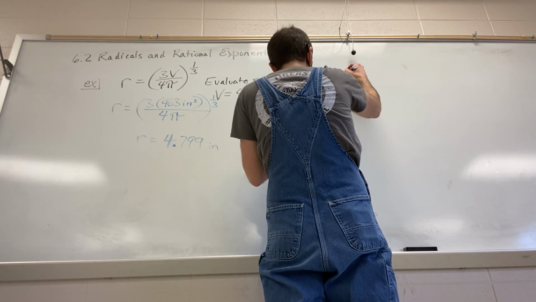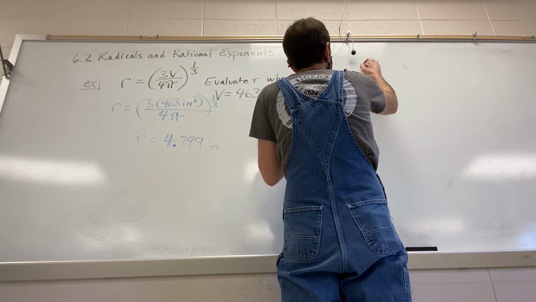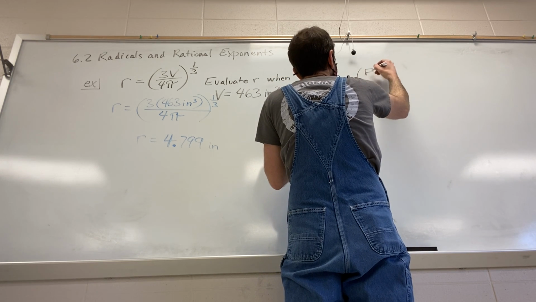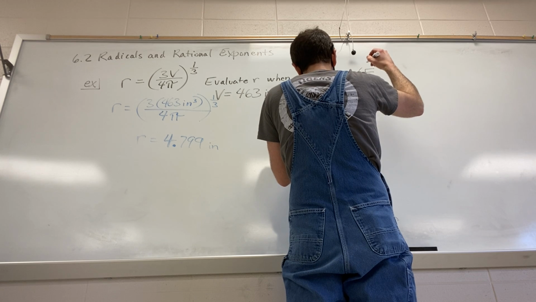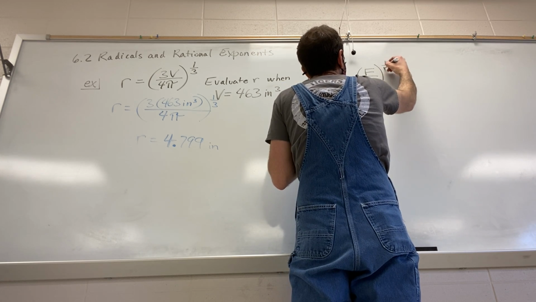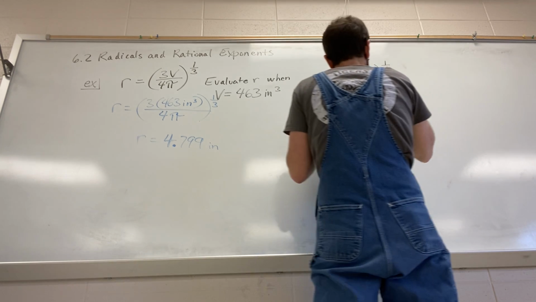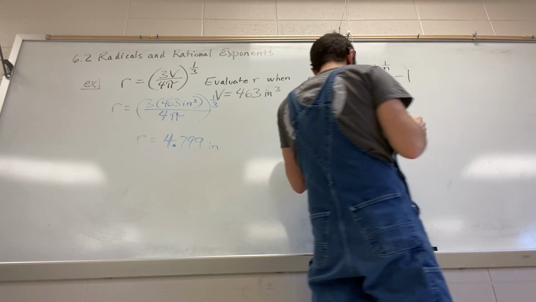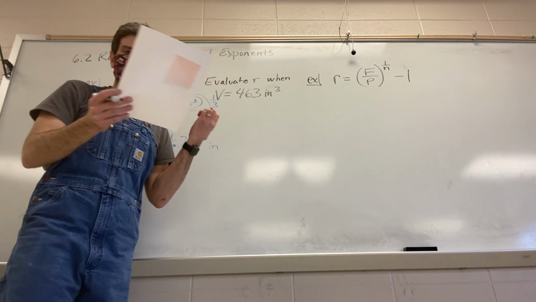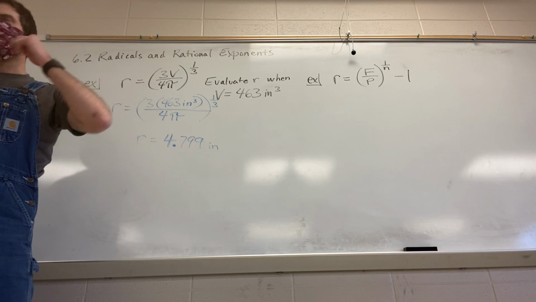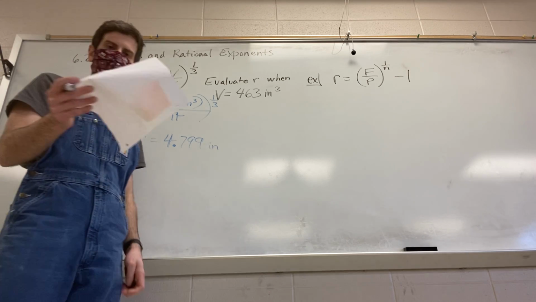Alright, next up, ladies and gentlemen, we've got R is equal to parentheses F over P to the 1 over N power, minus 1. And again, this is some other real world formula that I'll have to find here in a second.